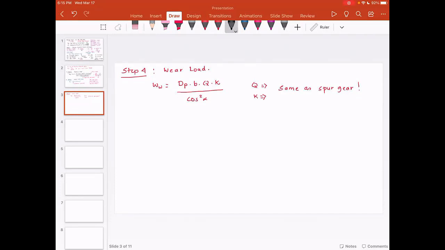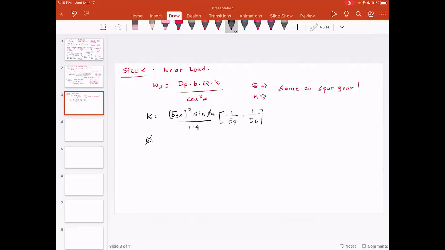Now, if you want, you can use the mathematical expression to find K, which is sigma ES square sine phi n divided by 1.4 times (1 divided by Young's modulus of pinion plus 1 divided by Young's modulus of gear).